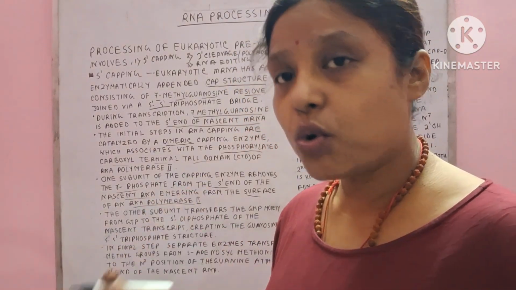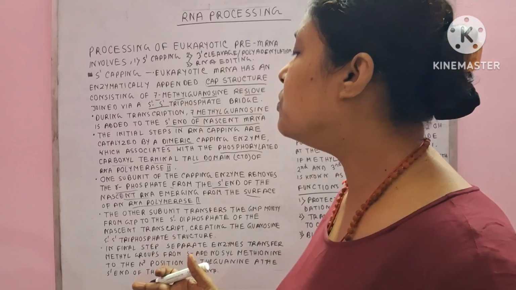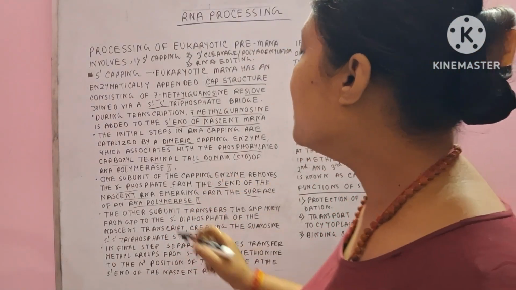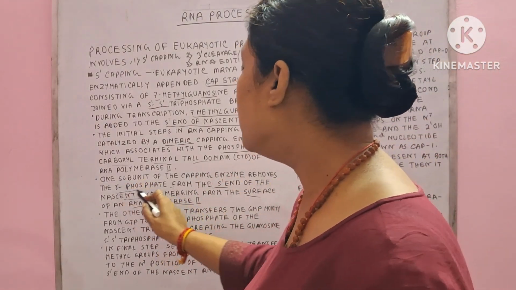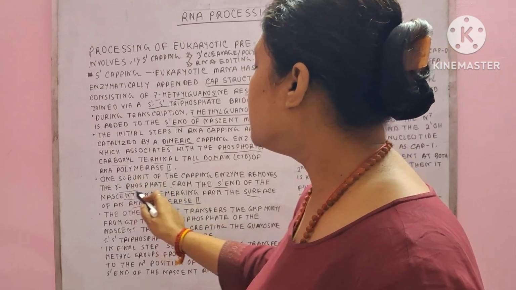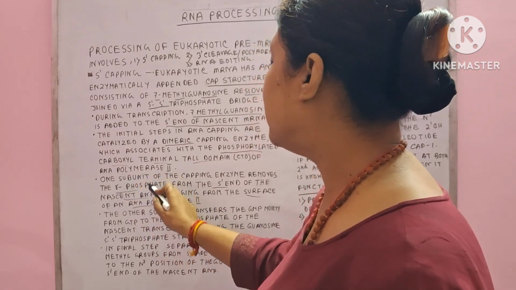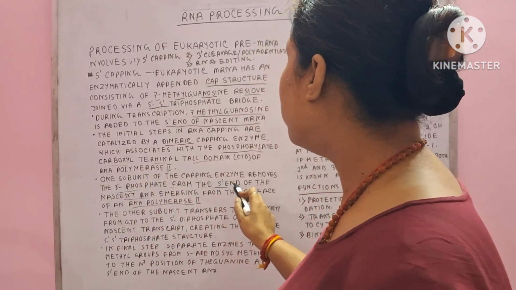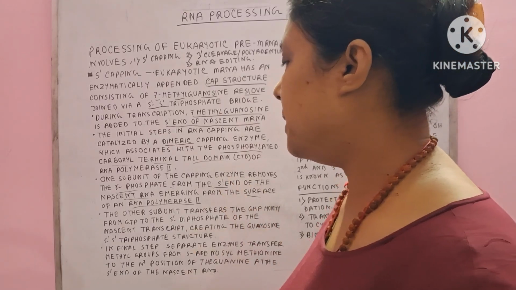So what is the role of that one subunit? That one subunit helps to remove the gamma phosphate from the 5' end of the RNA.